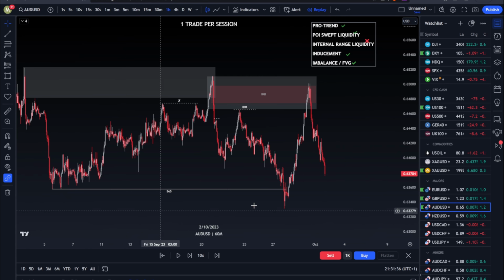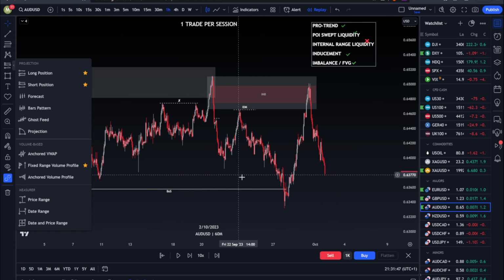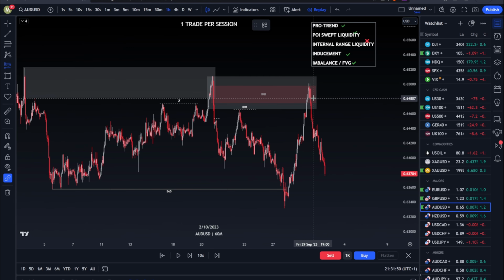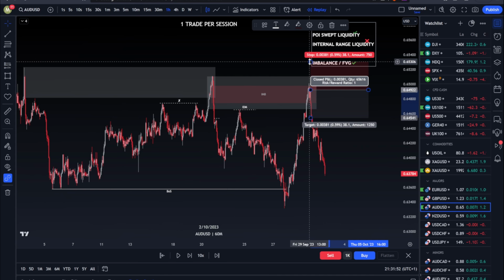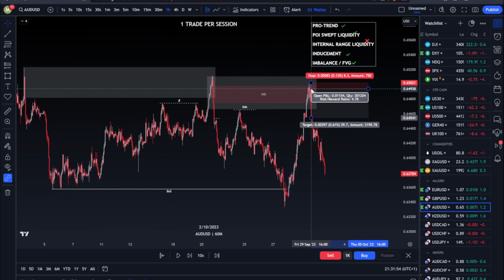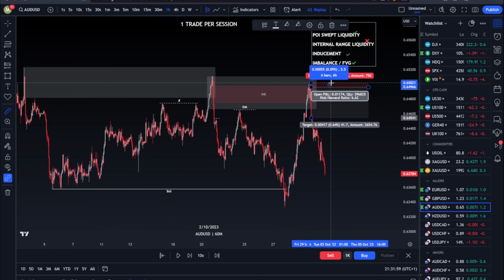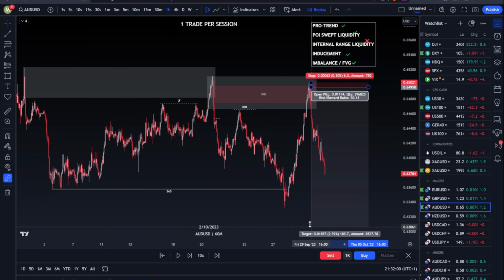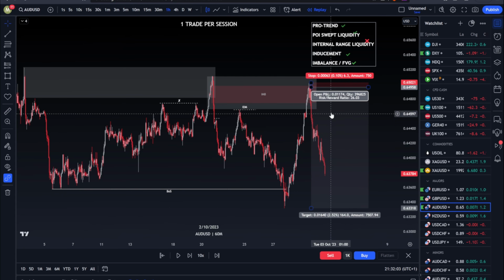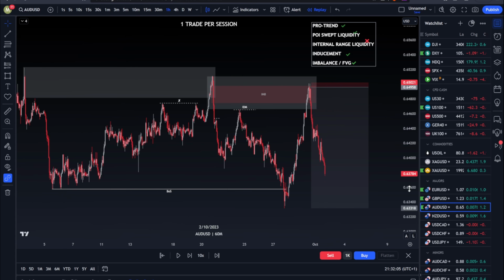Sometimes only 1 minute, but we get very nice refined entries on the seconds, which gives us like 1 to 3 pips stop loss. And if you take this trade with 1 to 3 pips stop loss, you bag a bagger of a trade. I think this is 3 pips. It's even 5 pips, but yeah, 25R, and if this is 5 pips, let's say 40R. You would bag this trade to the downside.